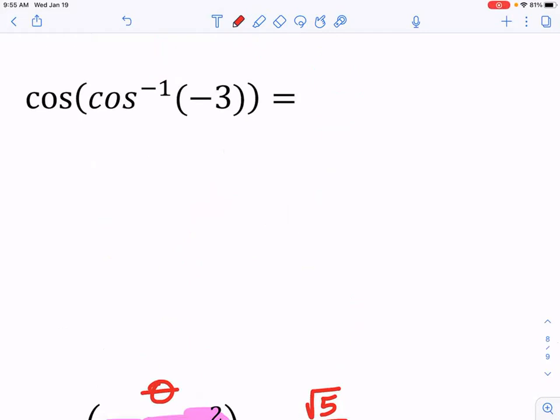Is this -3? Yeah. No, it's not. What did I tell you about inverse cosine and inverse sine? This is not in the domain of -1 to 1.